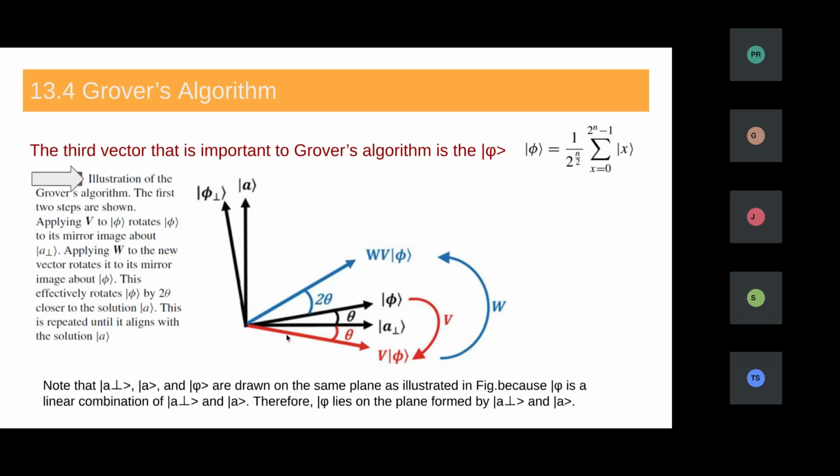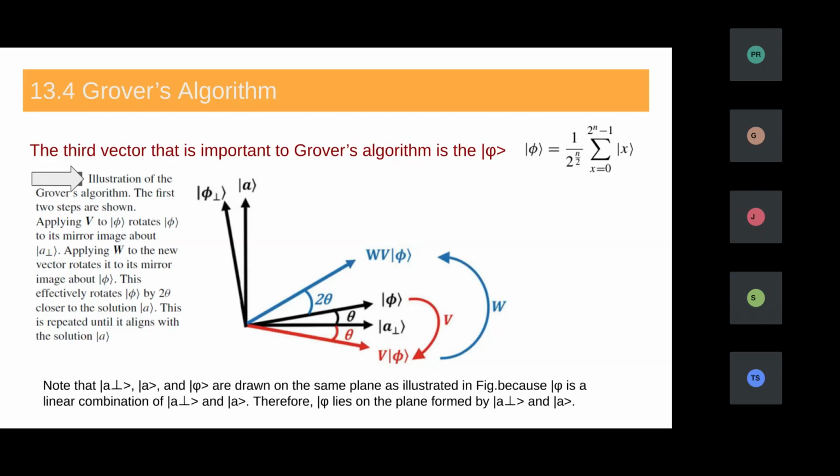And if we apply another w, which is another vector, so first we apply a v to get the image, and then we rotate it around this phi, which is now 2 theta. So we create a w, which is another vector, whereby we get another 2 theta. So every time we keep creating 2 theta, 2 theta, 2 theta until we are able to get to A. So this is a geometric explanation.